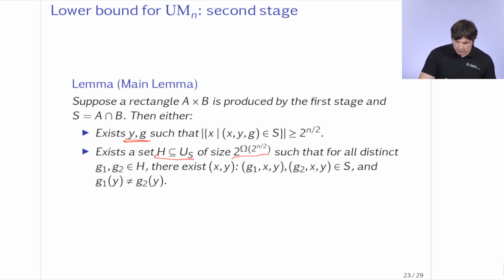That's the word. So first of all, there exist an x and y such that x and y can be given to the players with their g, and also that g's of y are different.